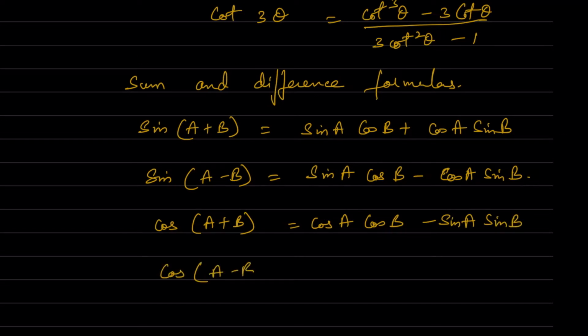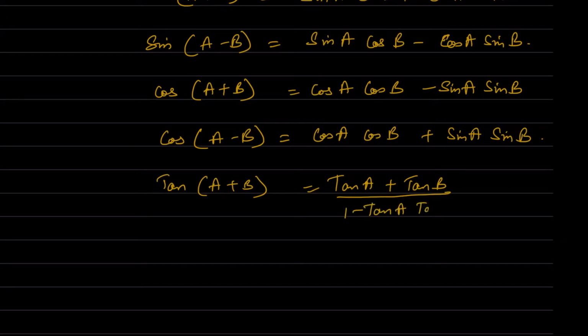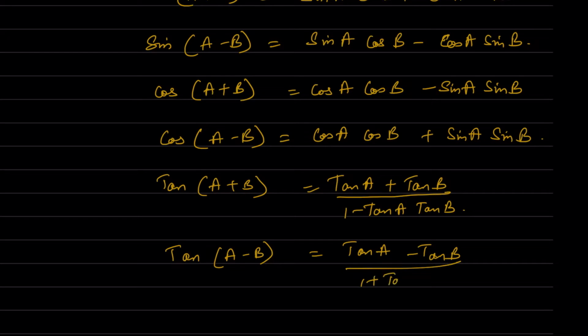Next, cos of a minus b is equal to cos a cos b plus sin a sin b. Then tan a plus b is equal to tan a plus tan b by 1 minus tan a tan b. Tan a minus b is equal to tan a minus tan b divided by 1 plus tan a tan b.